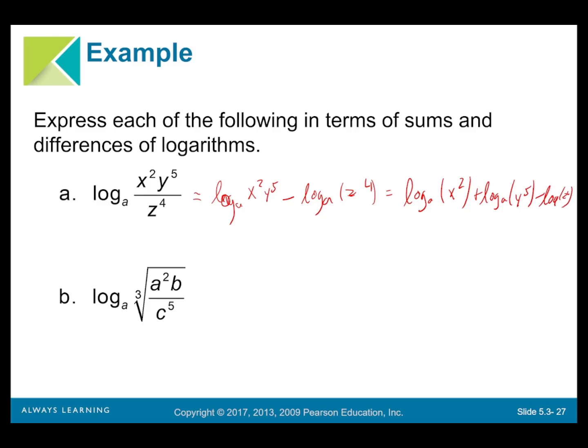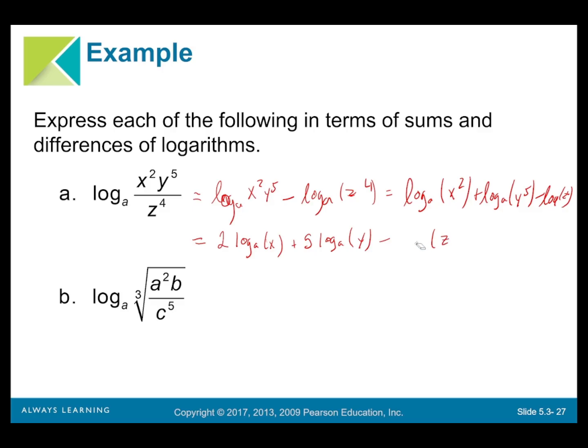Apologize for getting tiny in the corner there. Let's rewrite this one more time now. We can bring the exponents to the very front. So this becomes 2 log a of x plus 5 log a of y minus log a of z.